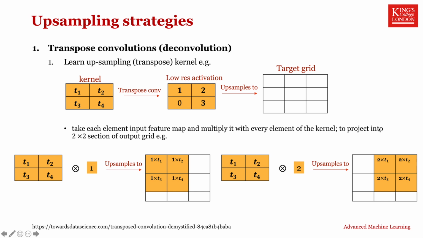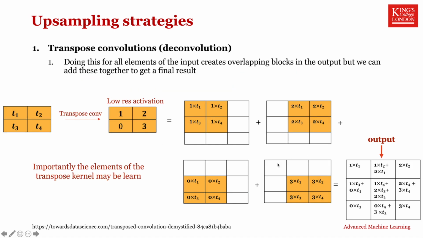So this is achieved by multiplying each element of the image with all elements of the kernel so as to fill a 2x2 block of the desired output grid. For example, here we show all elements of the kernel multiplied element-wise with the top left element of the 2x2 image. And this then fills the top left block of the output grid. And again for the top right block and the number 2.